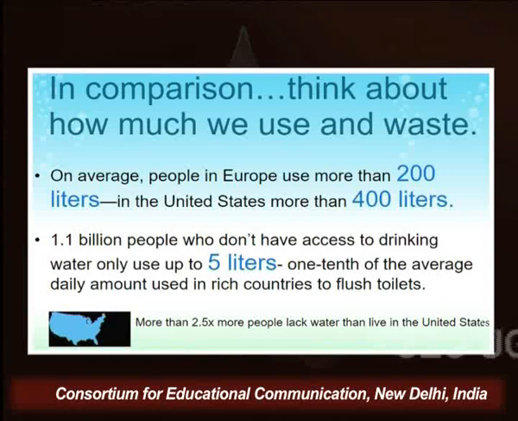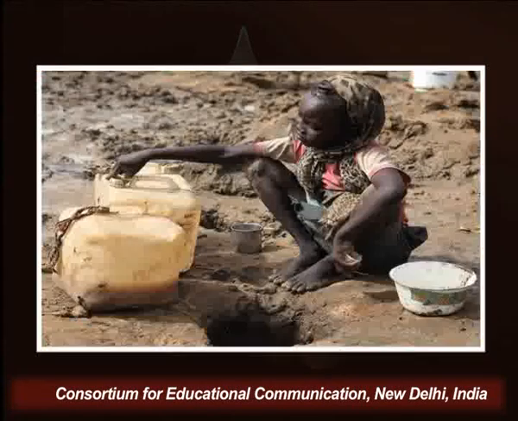And in developing countries, 1.1 billion people do not have access to drinking water, and they use only up to 5 liters, that is 1/10 of the average daily amount used in rich countries to flush toilets. So imagine the disparity here. Some people have an excess of water and some people are deprived even of drinking water.